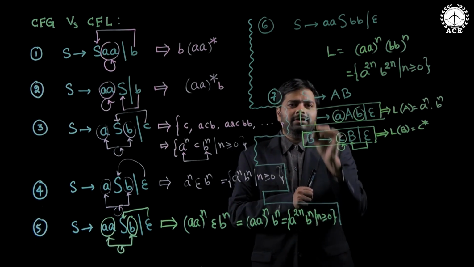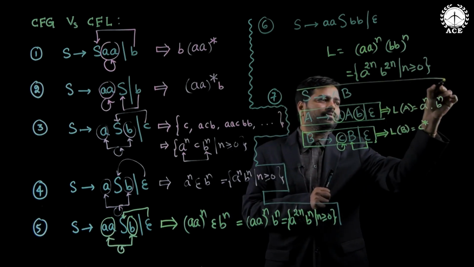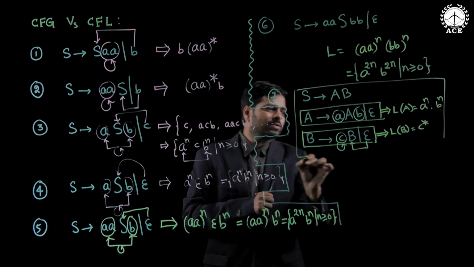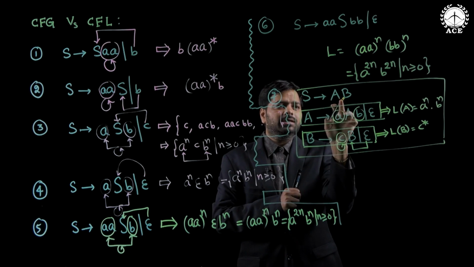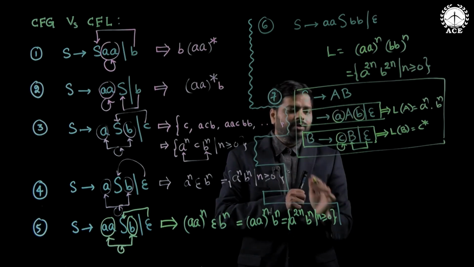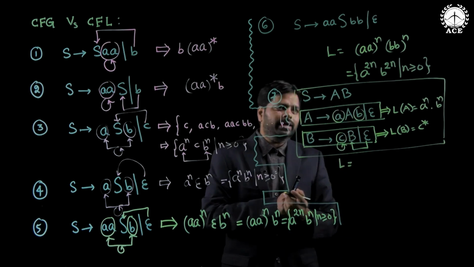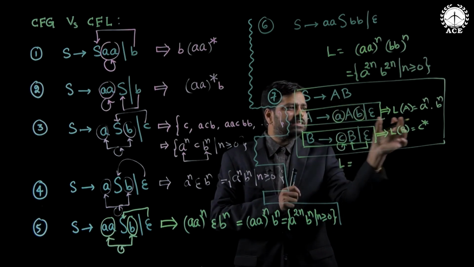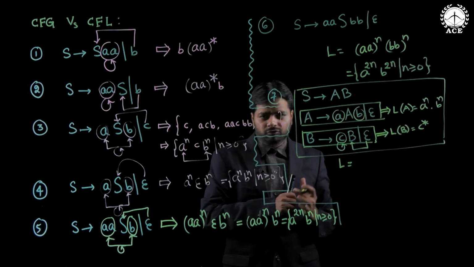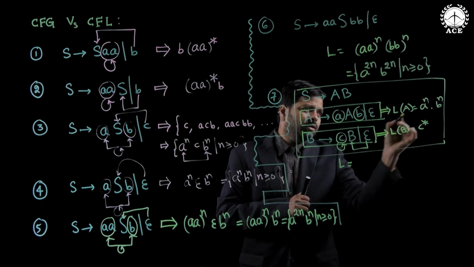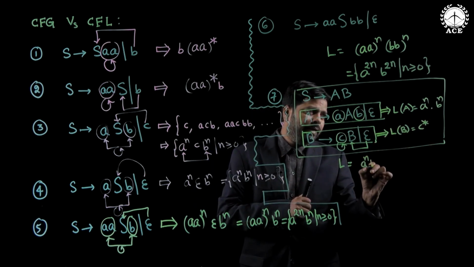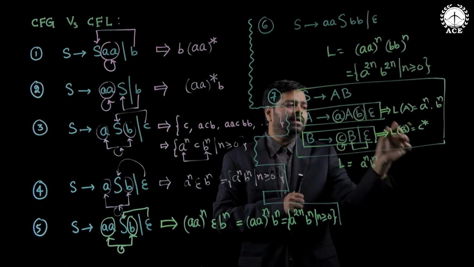Finally the language generated by the whole grammar, that is what S is going to represent. S is nothing but the language generated by the grammar, because S depends on A and B. A and B we know now. So what is the language that you get? A followed by B, that means language of A followed by language of B. So now write the language of A is a power n, b power n, and what is the B language?